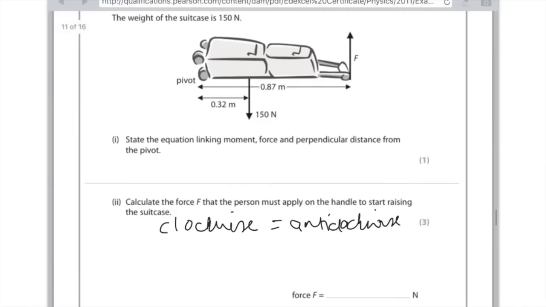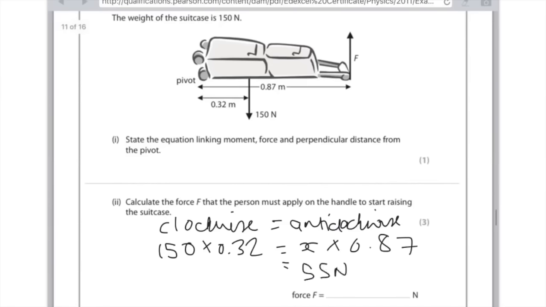So we're going to write, remember, moment is force times distance, so force acting clockwise is 150 times the distance, which is 0.32. We're looking for force, so I'm going to write x here, and then remember, moment is force times distance. We've been given the distance, which is 0.87. And then if I solve for x, I get an answer of 55 newtons. This is more maths. If you're not happy with how I work that out, do let me know and I'll add an extra step next time.